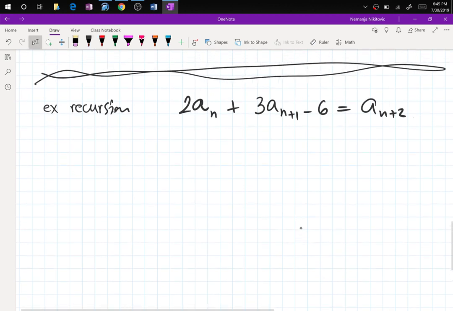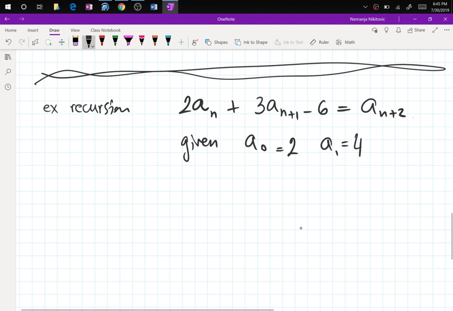If you have this, you also have to be given first two terms. So let's say a of 0 is 2, and a of 1 is, let's say, 4. So first two terms are given.